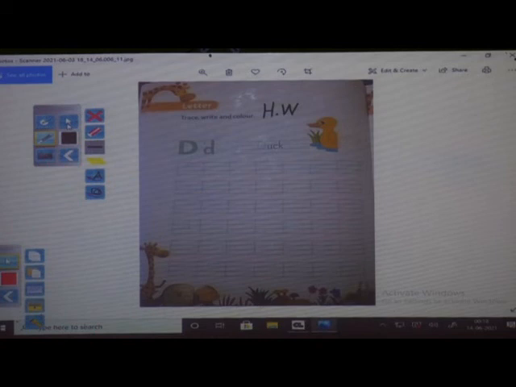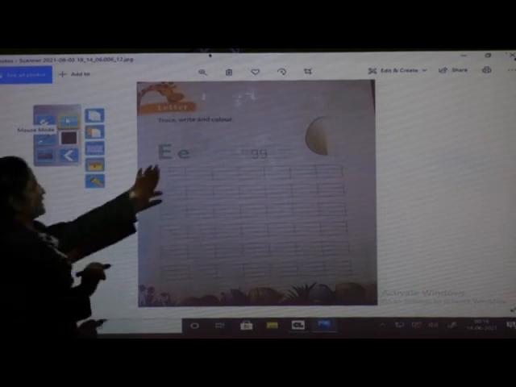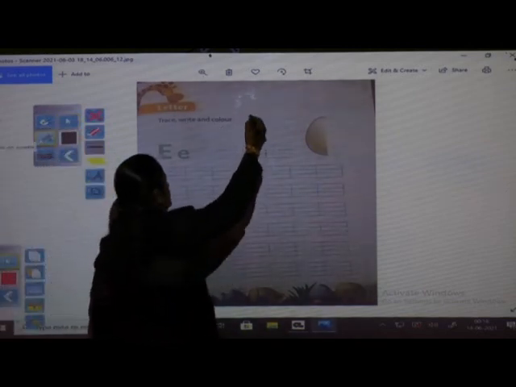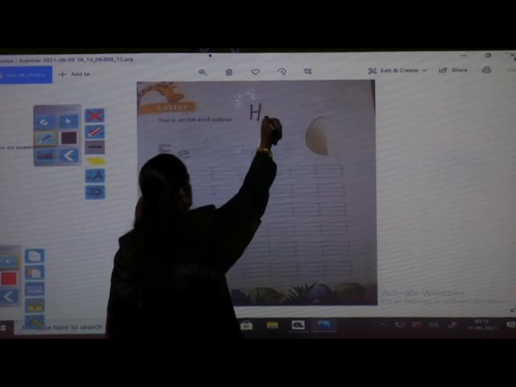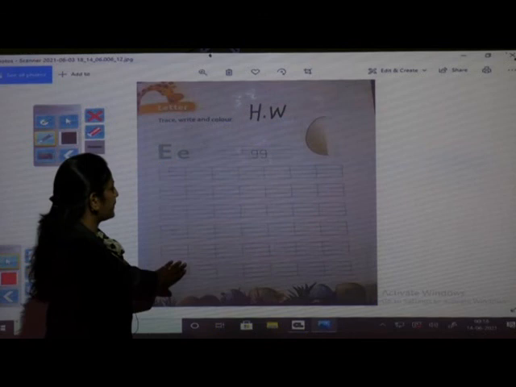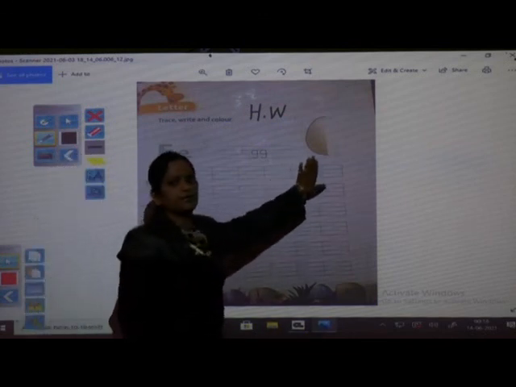Finished? Now you have to turn the page. Next page, letter E. We have learned today letter E also, okay? Here also you have to write H.W. Practice this writing page and you have to color this picture of egg, okay? Yes.